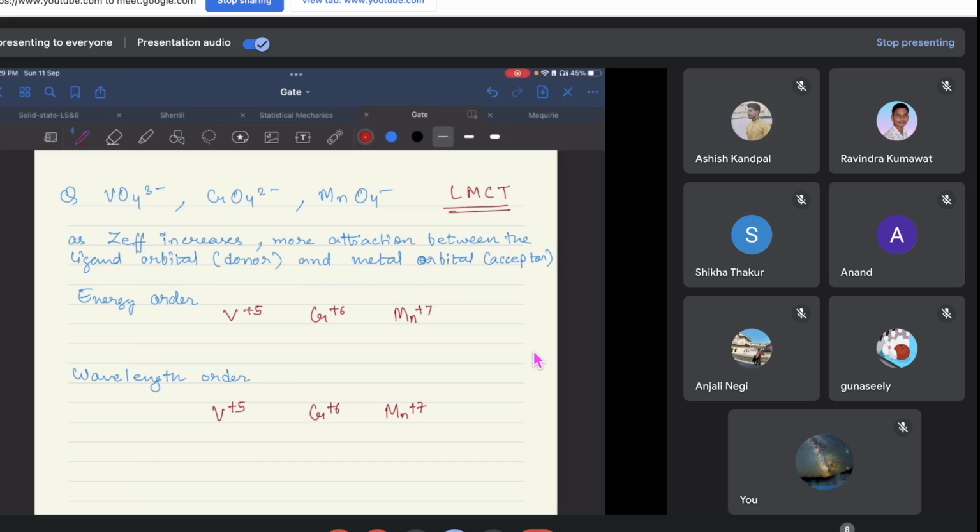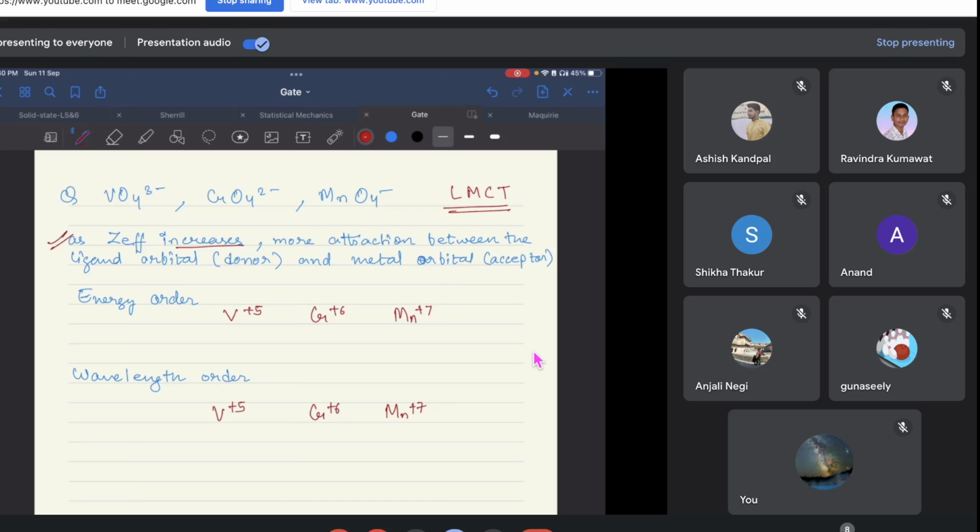Before that, we have to note that as the Z effective increases, so Z effective is the nuclear charge on my metal orbital, as it increases, it will attract the ligand orbital more, correct?